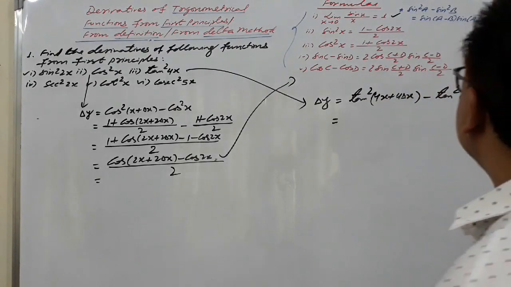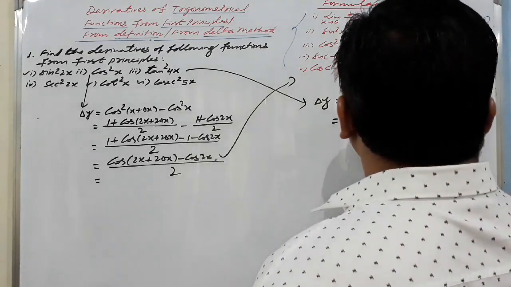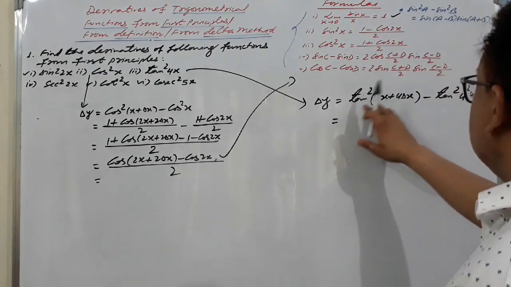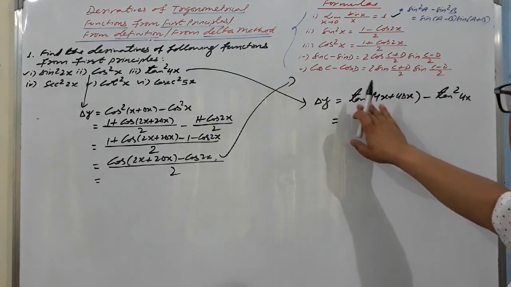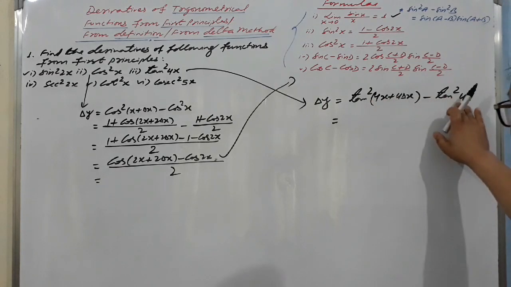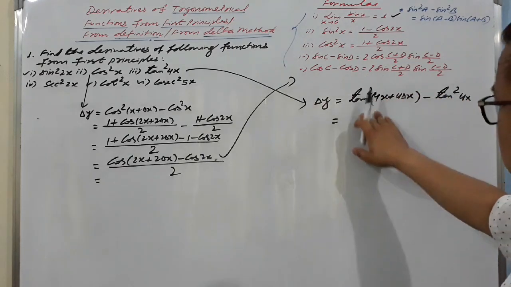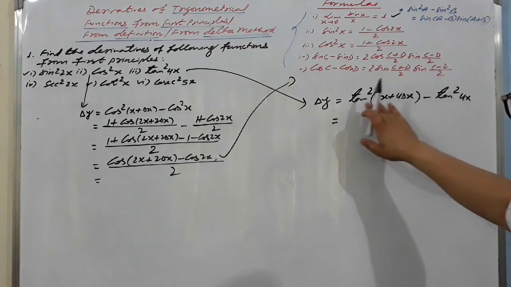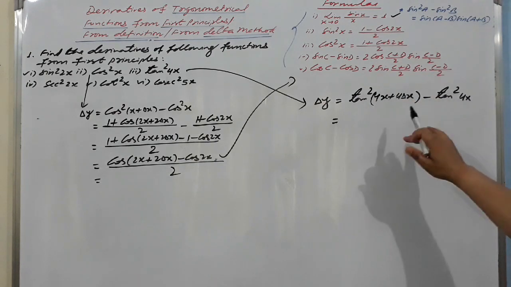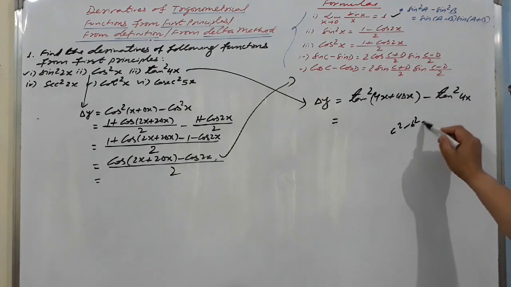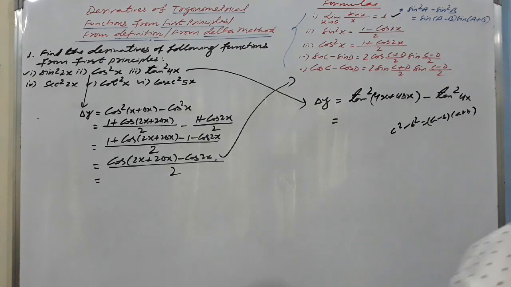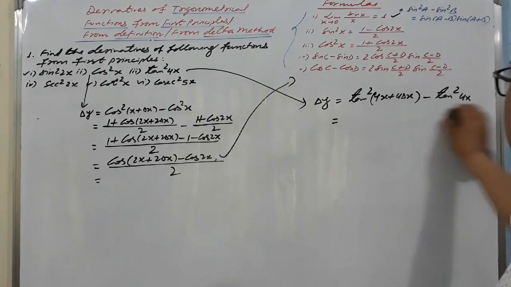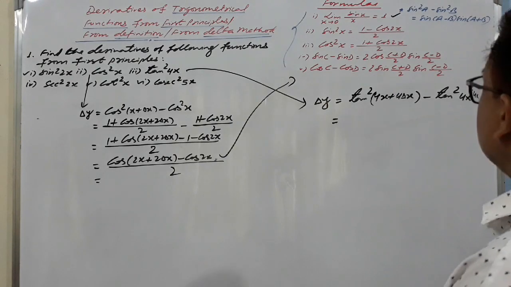For this you may use the a square minus b square formula, a minus b times a plus b: tan of this minus tan of this, times tan of this plus tan of this. This formula also you may use.